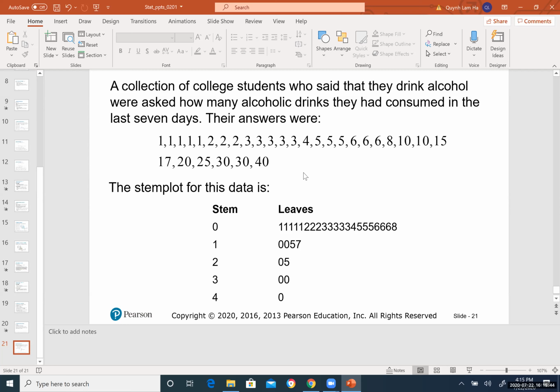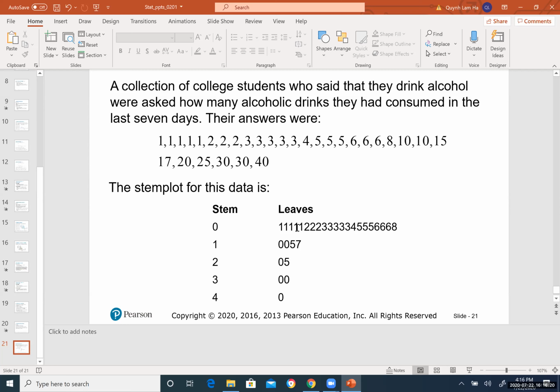Whatever values they have, if they are from 1 to 9, you put all of those values in stem 0. Any value from 10 to 19, you put in stem 1. Any value from 20 to 29, you put in stem 2, and so on.